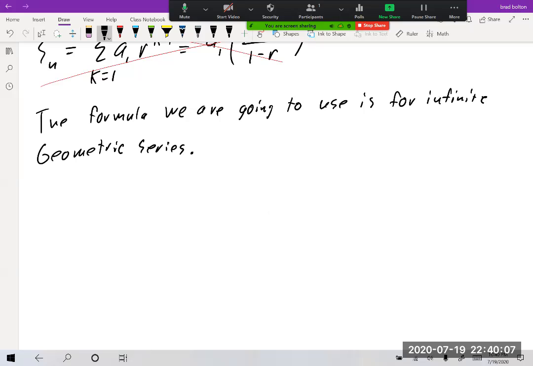So what we need to do is determine convergent or divergent. What it means to be convergent or divergent for a geometric is if the geometric series approaches some value.